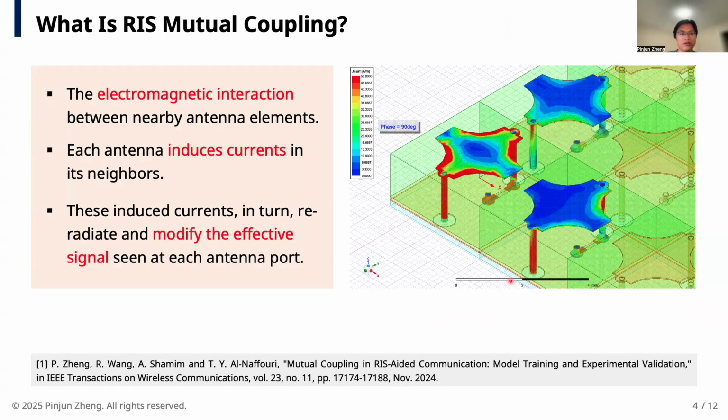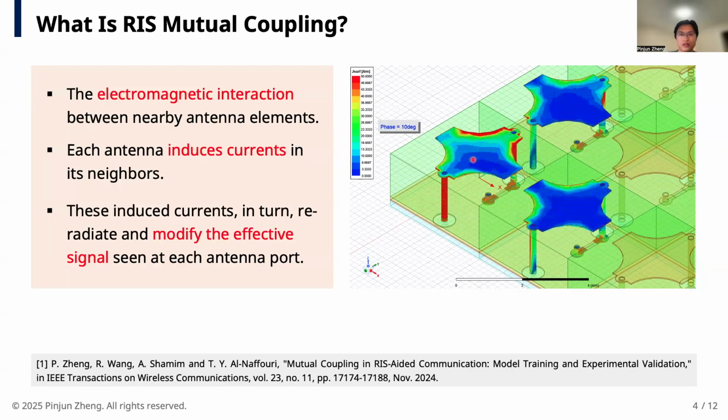Mutual coupling is an electromagnetic interaction between nearby antenna elements. That means each antenna will induce currents in its neighbors, and these induced currents in turn will re-radiate and modify the effective signal seen at each antenna port. Here we show a full-wave simulation of three RIS elements in our prototype, and we only activate the one at the corner.